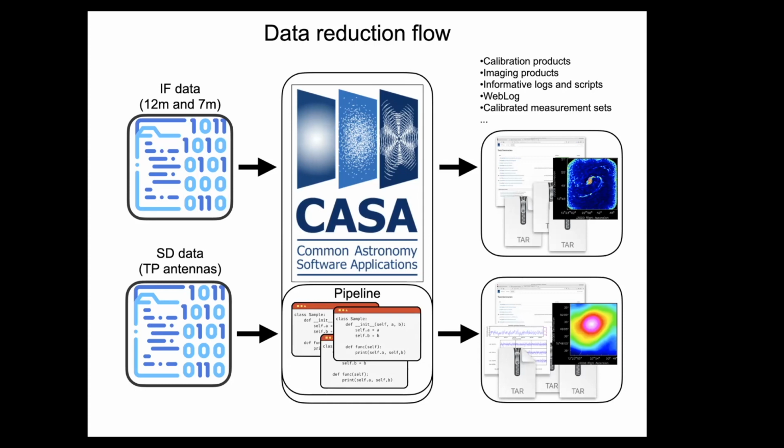Here, the pipeline is depicted as all these Python classes, and the outcome is what we actually want: the images of the astronomical sources, spectra and all kinds of things, listed here as calibration products, imaging products, weblog, and calibrated measurement sets.